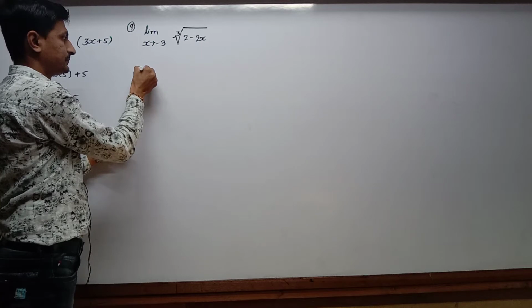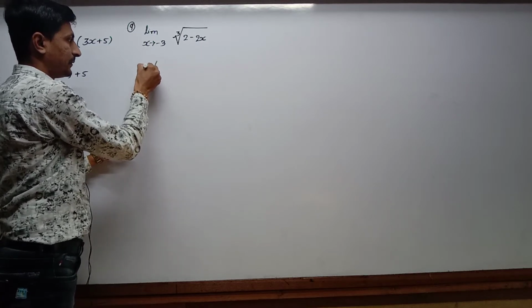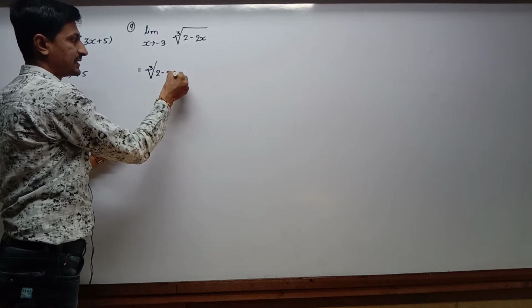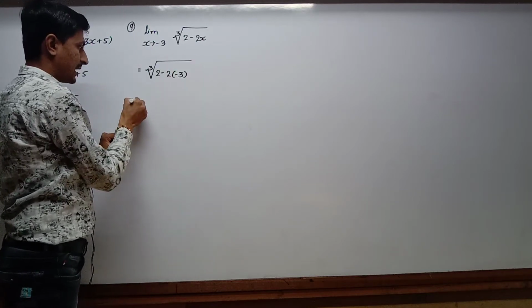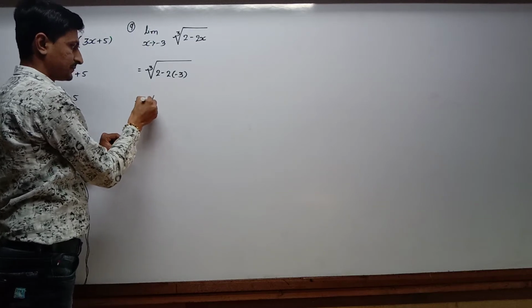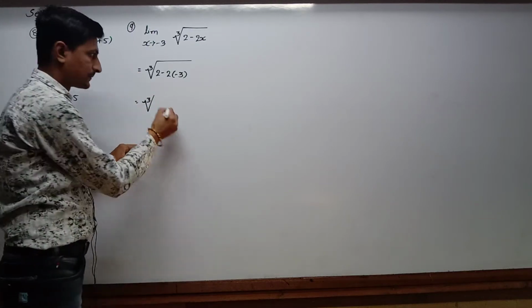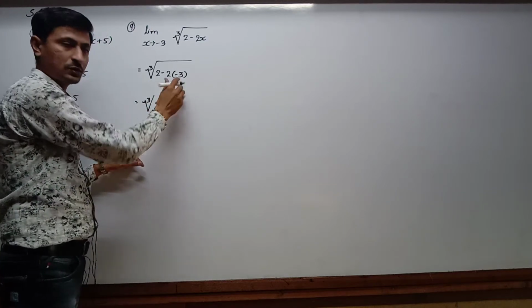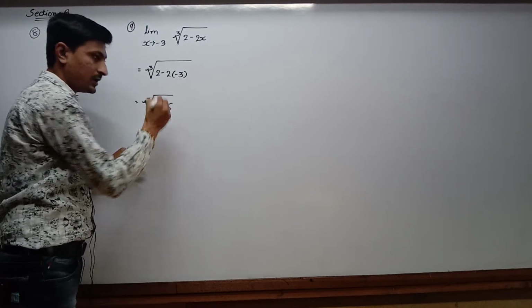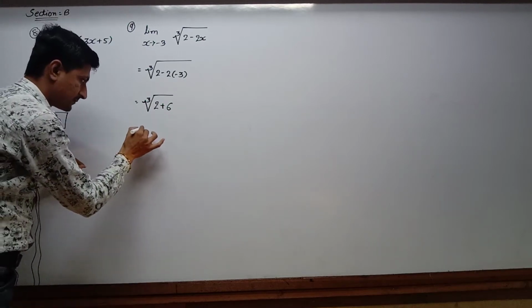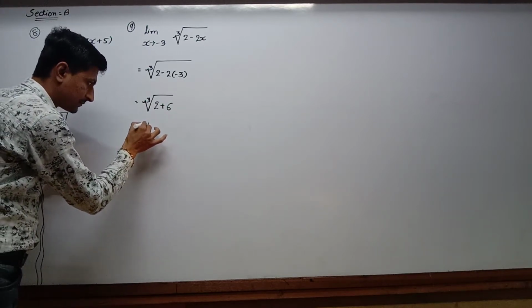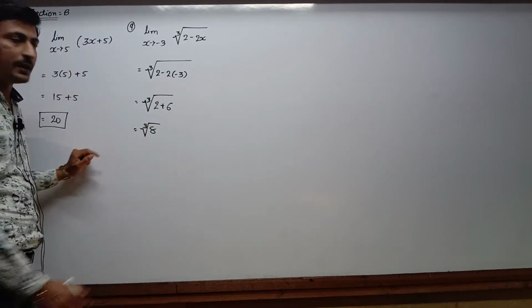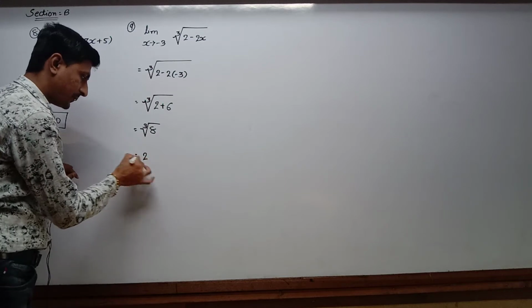Now next step, cube root of 2 minus 2 in bracket minus 3. Now next, 2 minus minus plus 2 threes are 6. So 2 plus 6, cube root of 8. Which value cubed gives 8? 2 cubed is 8. Your answer is 2.